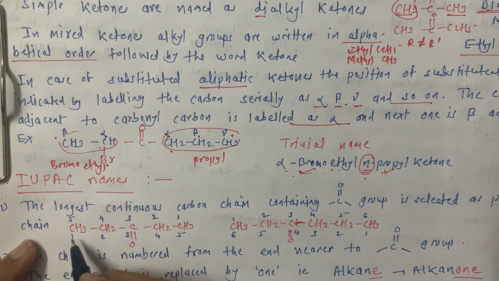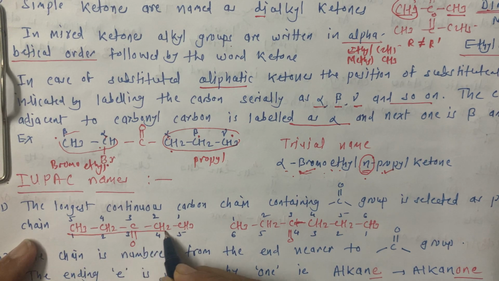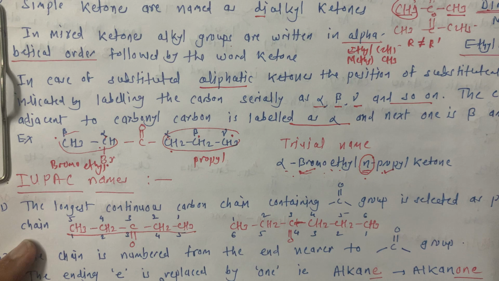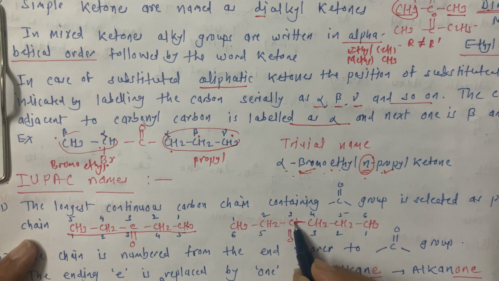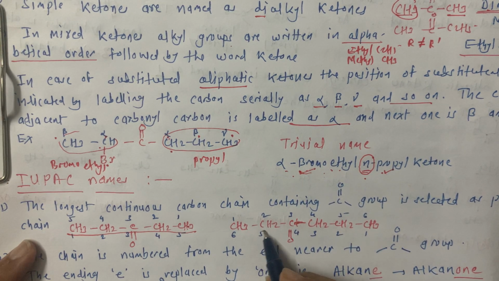So you have to select a parent chain which contains this carbonyl carbon. Okay. So what is that? 1, 2, 3, 4, 5. So this is the 5 carbon chain. What about this one? 1, 2, 3, 4, 5, 6. So this is the 6 carbon chain.